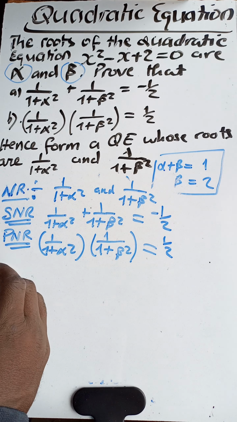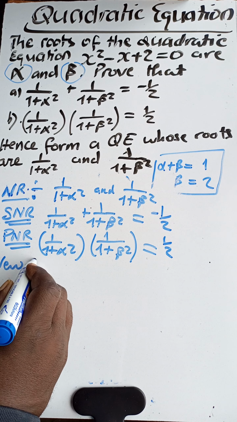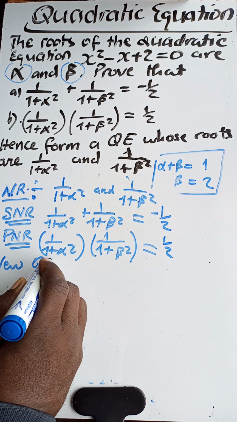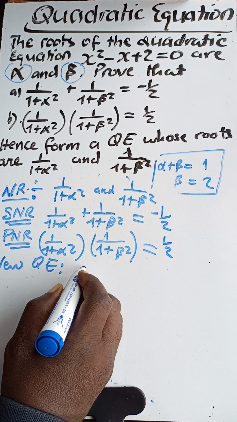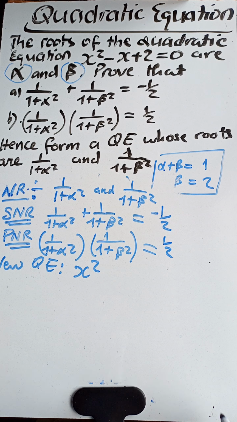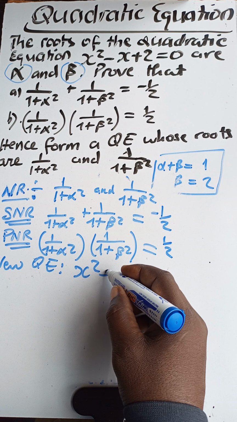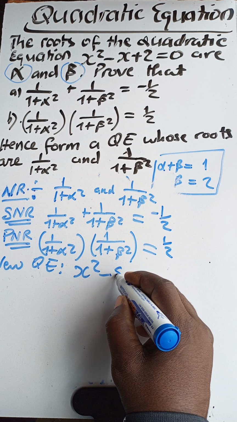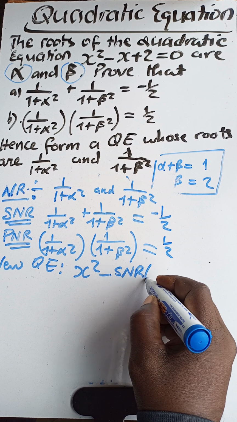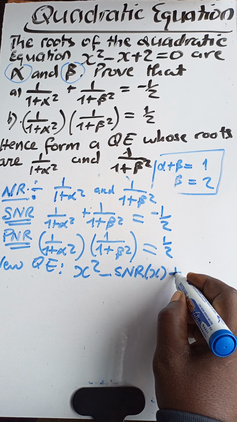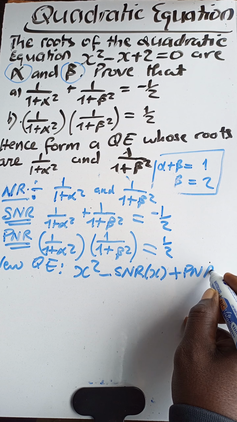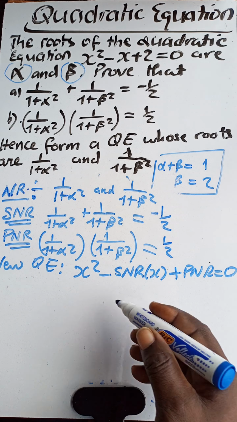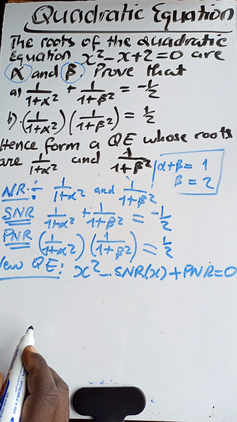Now, what is the new equation? New quadratic equation has the nature x squared minus sum of new roots into x plus product of new roots equals 0. That is the format for a quadratic equation.